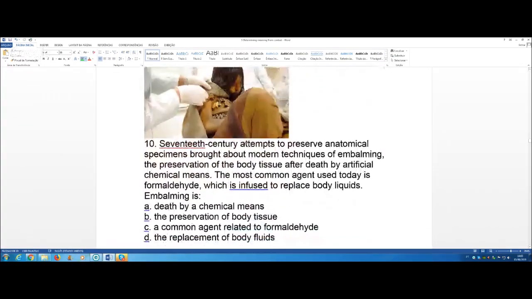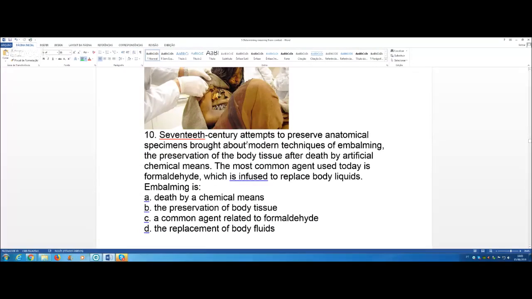Seventeenth century attempts to preserve anatomical specimens brought about modern techniques of embalming, the preservation of the body tissues after death by artificial chemical means. The most common agent used today is formaldehyde, which is infused to replace body liquids.